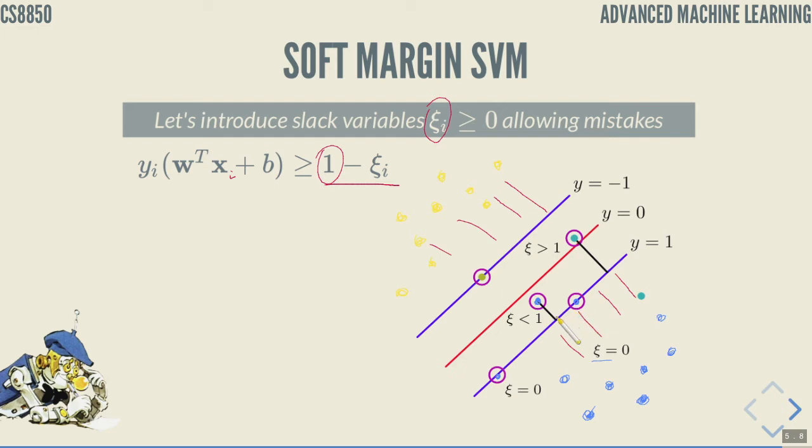But for something that is still correctly classified but within the margin, the slack variable is less than 1. And for something that is incorrectly classified, this additional slack variable that we just introduced is greater than 1.